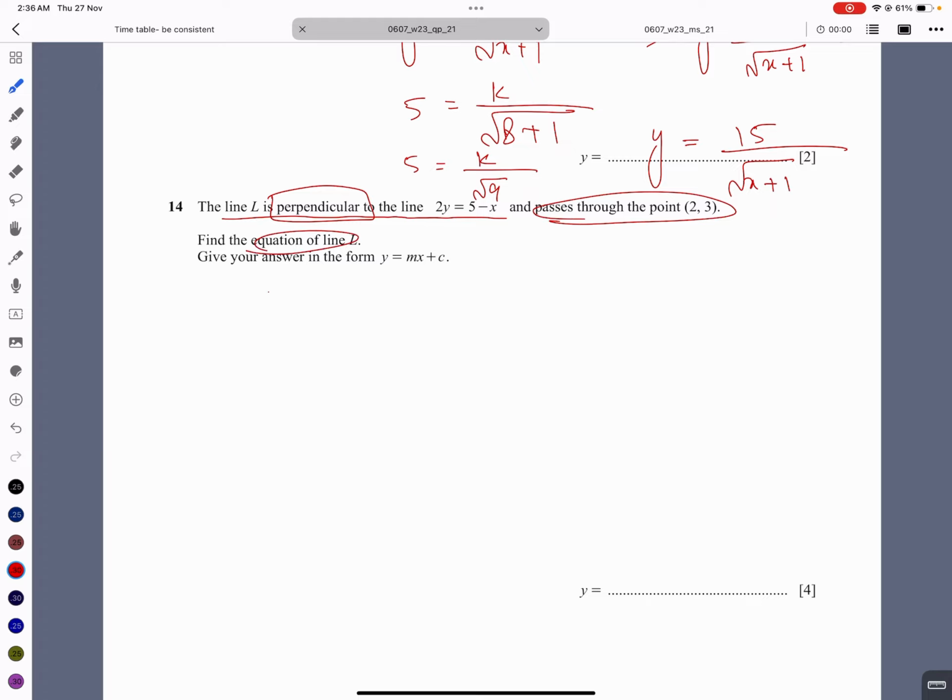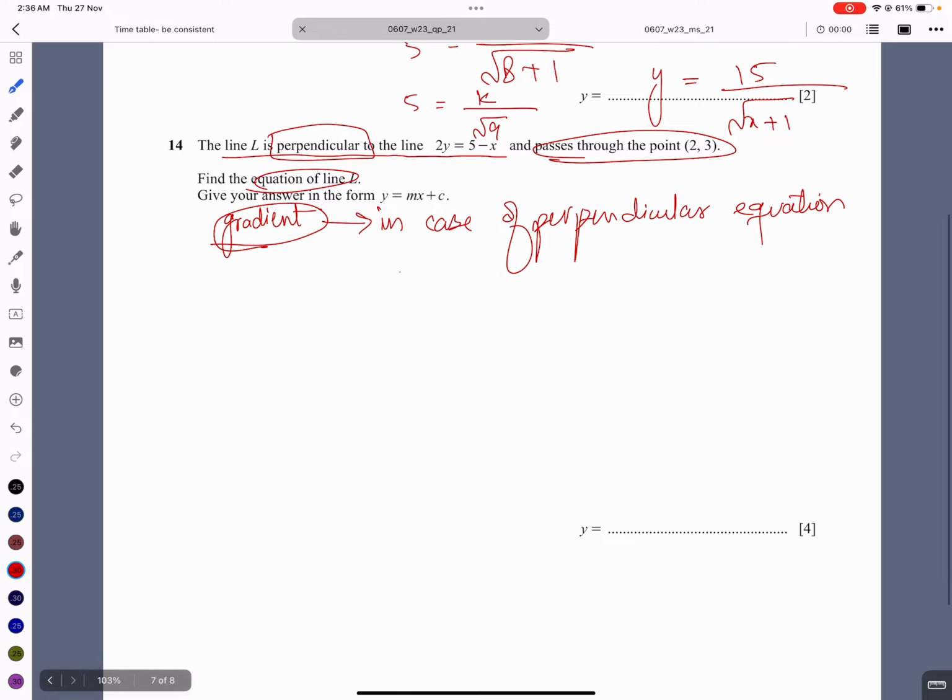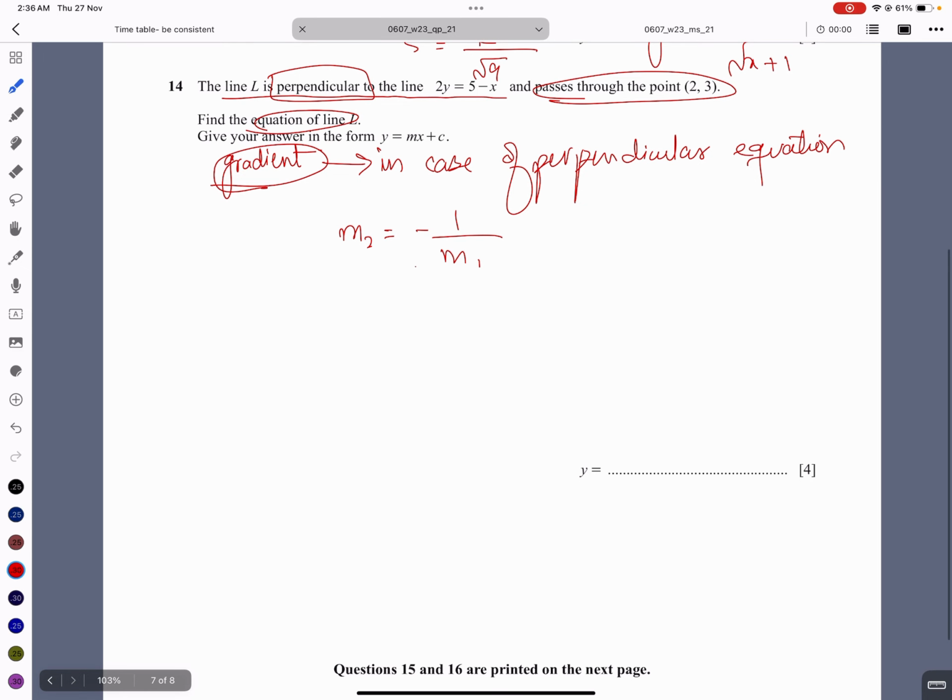So for this, the first step is to find the gradient. What is the formula to find gradient in case of a perpendicular equation? In case of a perpendicular equation, the formula is m2 is equal to minus 1 over m1.